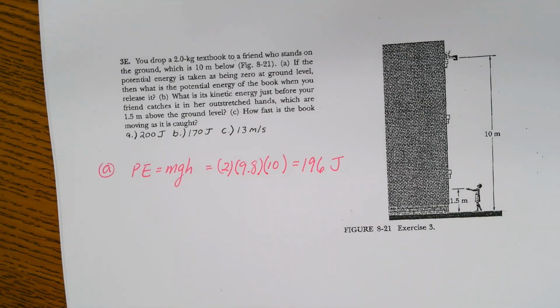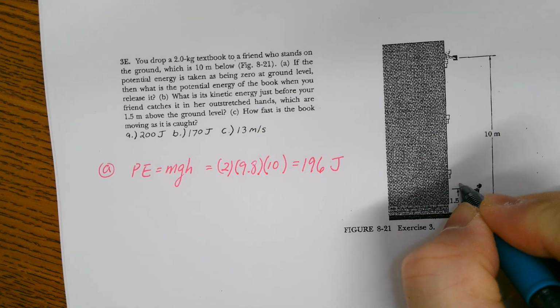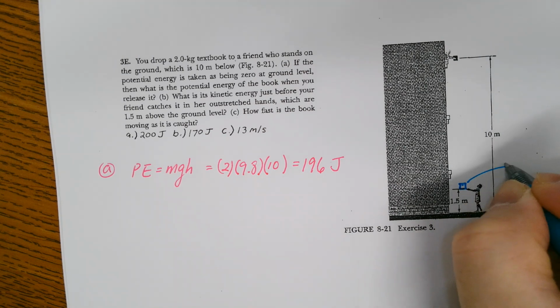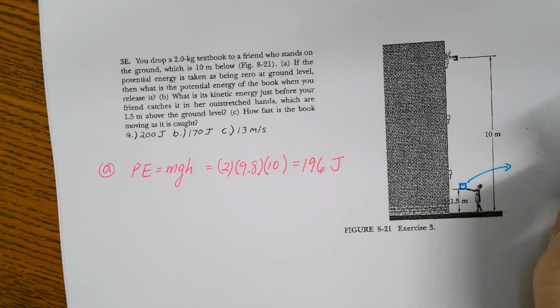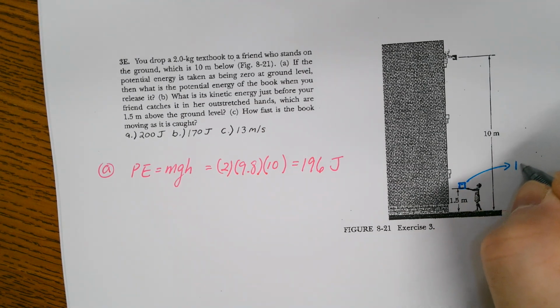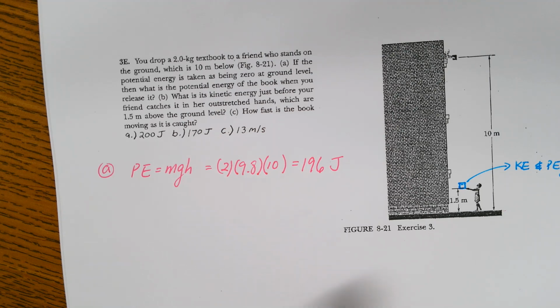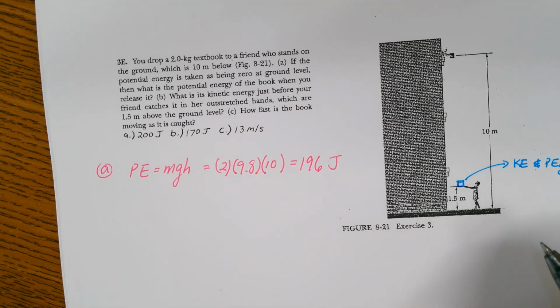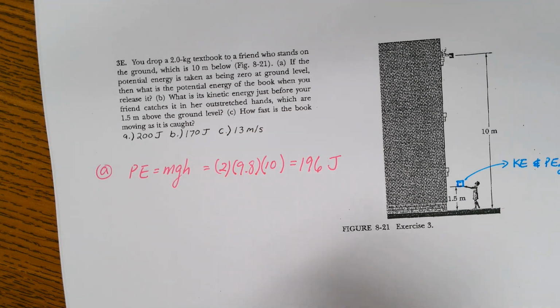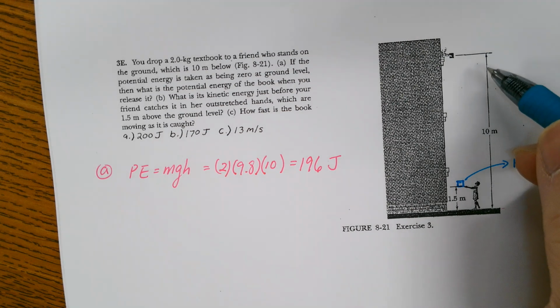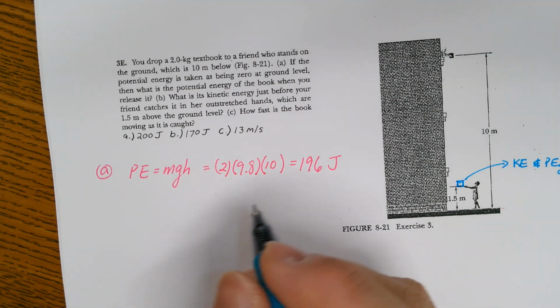Well, at this location here, this has kinetic energy and gravitational potential energy, right? Because it still has height. Therefore, we're going to assume there's no air resistance, okay?